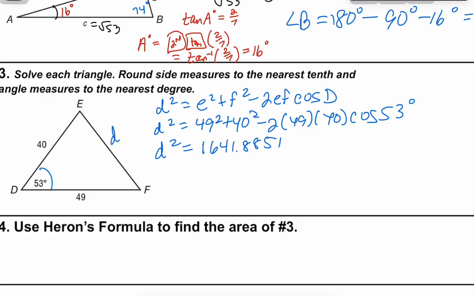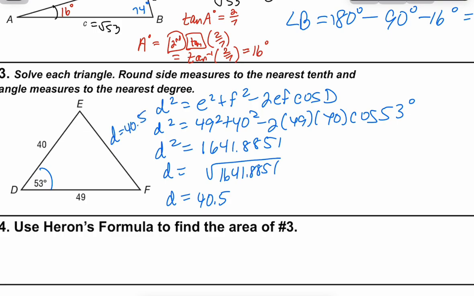On my calculator I would just leave that value and take the square root of it. Because it's a side, we follow the instructions and round to the nearest tenth. So I know that D is 40.5.